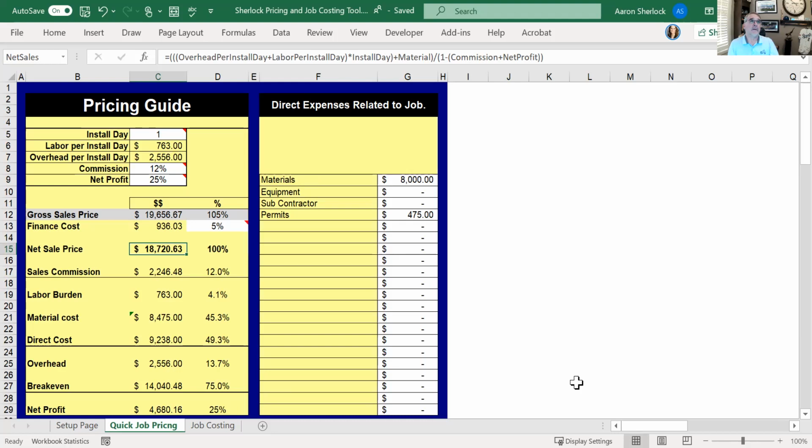I'm not tracking. What does the 63% represent? That represents the 12% commission plus 25% net profit. That comes out to 37%, and I subtract 37 off of 100. I'm so sorry, just trying to keep up with you. So 12% commission, 25% net profit.